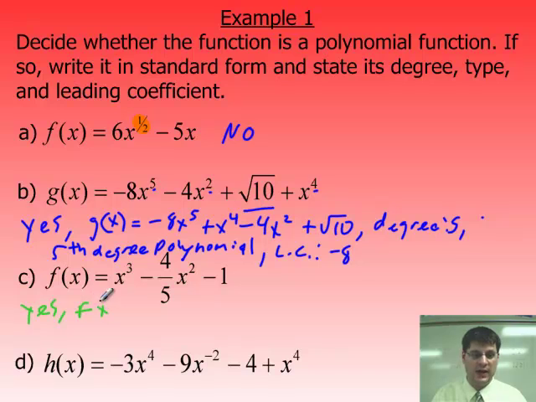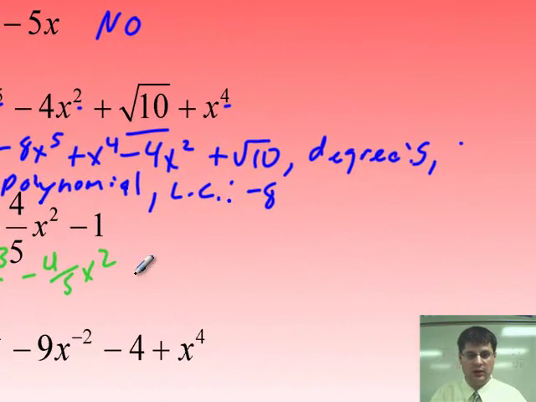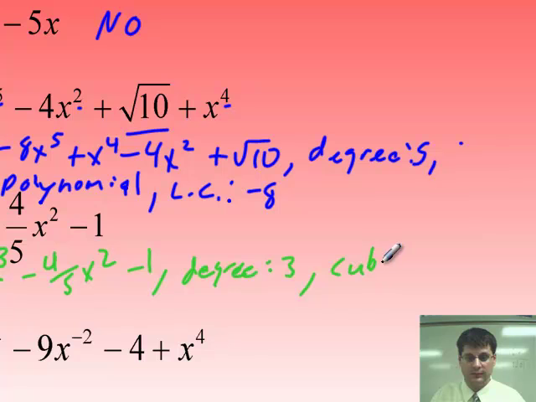So I would say f of x is equal to x cubed minus 4/5 x squared minus 1. The degree is 3. This is a cubic. That's the name of it. And our leading coefficient is going to be a positive 1.